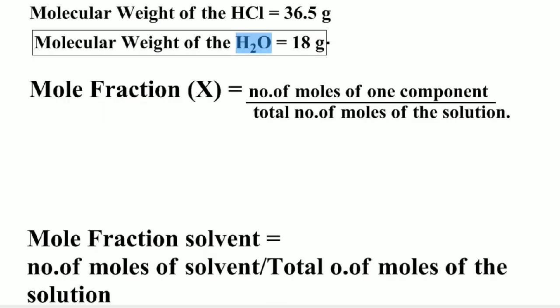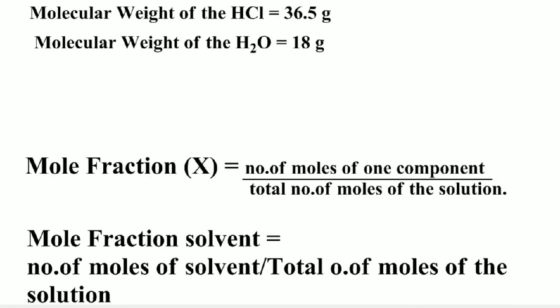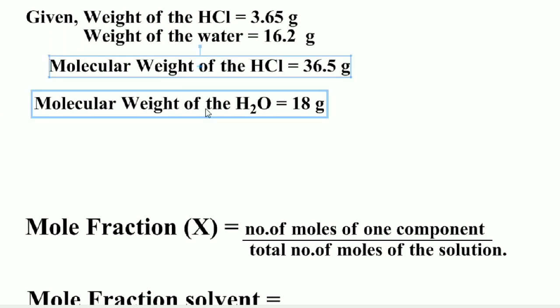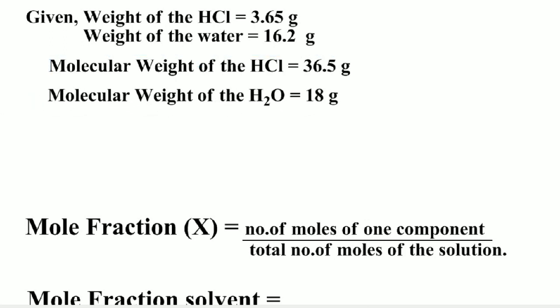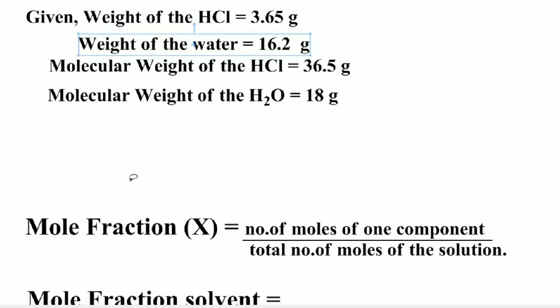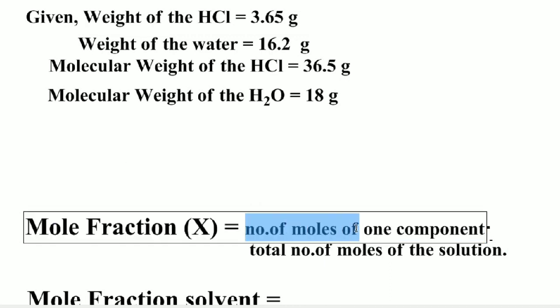In our earlier video classes, we also learned how to calculate the molecular weight of a component. Therefore, we know the weight of the HCl and its molecular weight, and the weight of the water and its molecular weight. Now we can easily calculate the number of moles of HCl and number of moles of water like this.